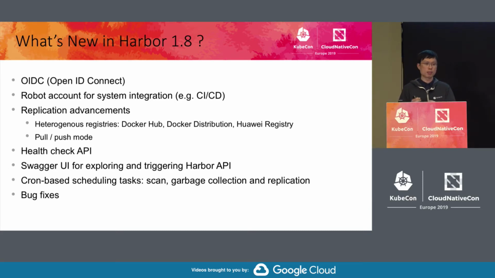Many users have their identities stored in an organizational LDAP or AD, but they usually don't need a physical identity for the CI/CD system, because these systems do not represent any real person, so we need a robot account for that system to work.